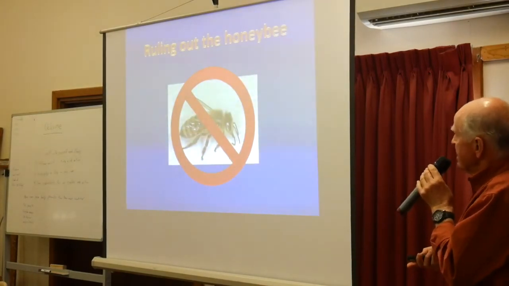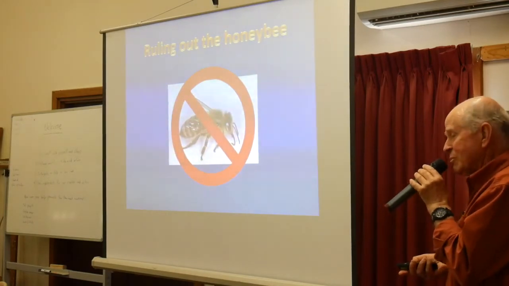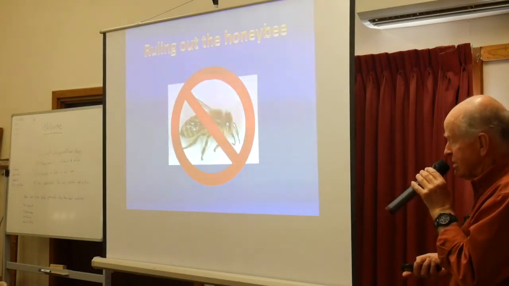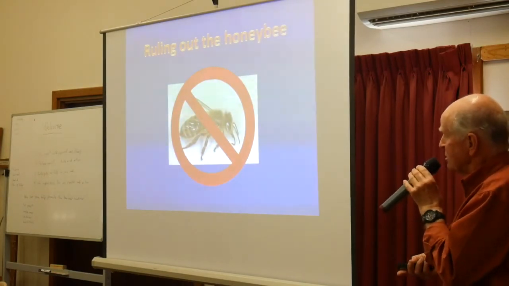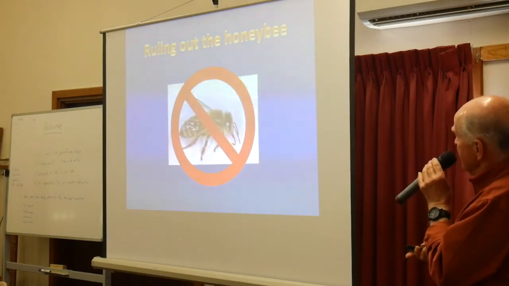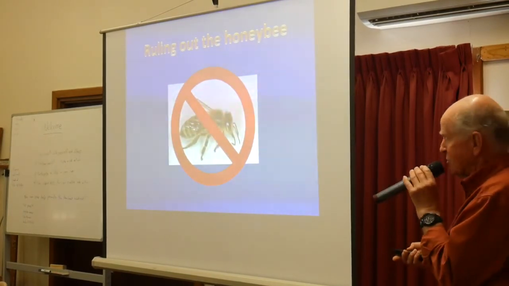Okay, so if we've decided that yes, we've got a wasp-like or bee-like insect and it's got branched hairs, so it must be a bee, the next thing we want to do is make sure we don't have a honeybee. So we've got to learn the characteristics of honeybees so we can rule them out.